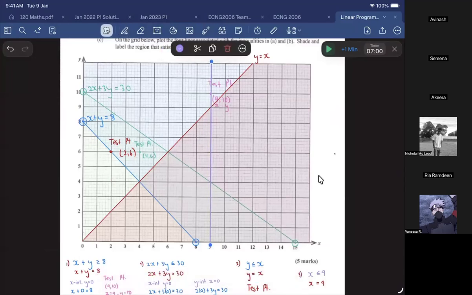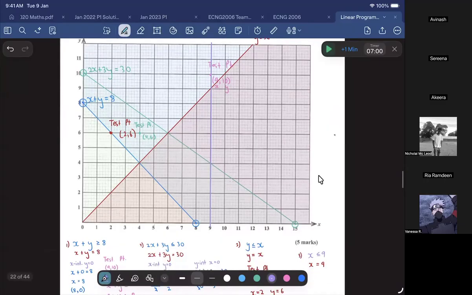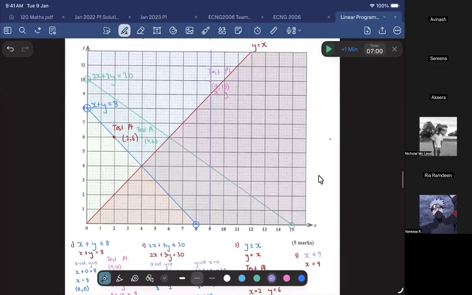Right, and what would the equation for this line be? Akira, what was the equation for that line? That line is passing through what? 9. So I would say that x is equal to 9.